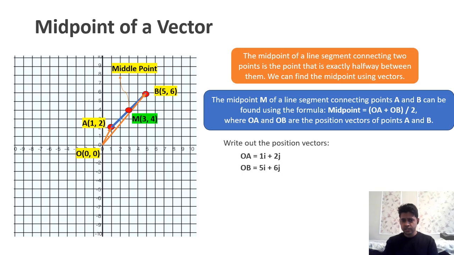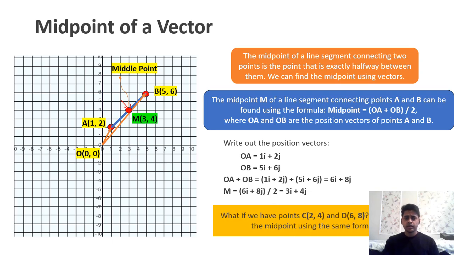If I add these two vectors, I get 6i plus 8j. If I divide this 6i plus 8j by 2, I get 3i plus 4j. It means this point is (3, 4). So (3, 4) will be my midpoint. That's so simple.